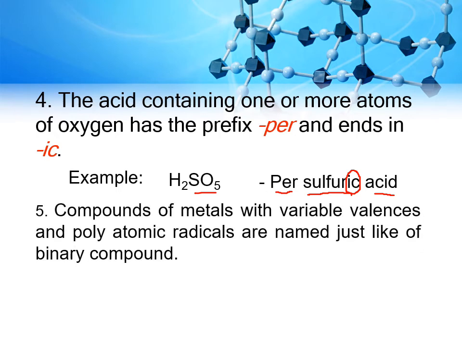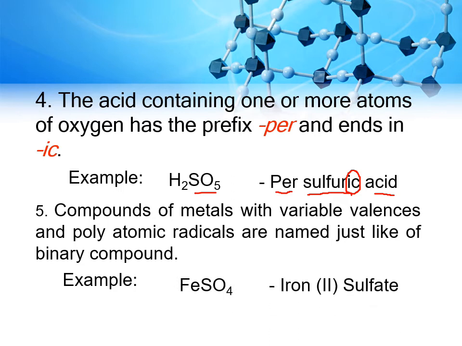The last rule in naming ternary compounds is the compounds of metals with variable valences and polyatomic radicals are named just like a binary compound. For example, FeSO4. Knowing that Fe or iron has variable valences such as +2 and +3.